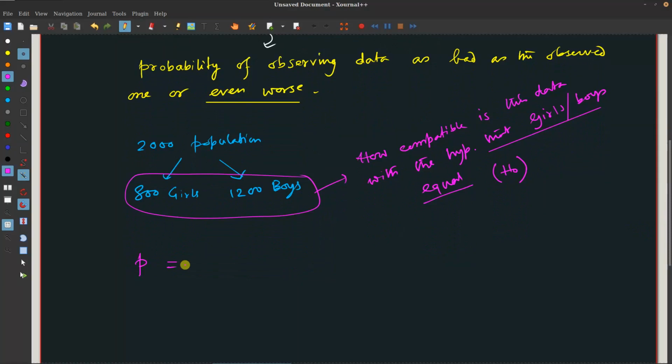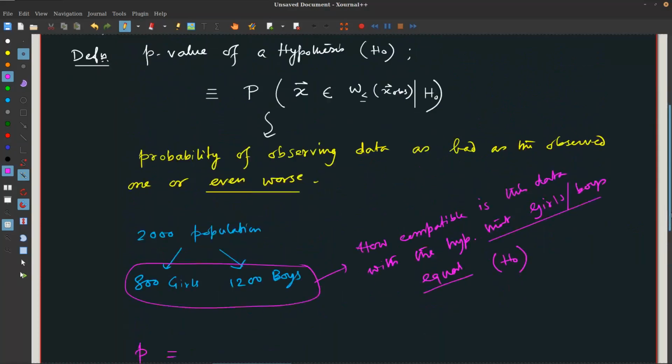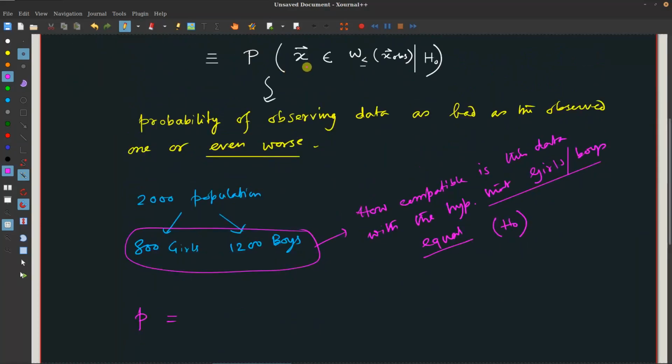So I basically calculate this p-value for this hypothesis. How is it defined? The p-value is defined as the probability of observing data as bad as the observed data. Why bad? Because I am looking for a possible set of data that has even worse compatibility with the hypothesis than the observed data. Let us figure out what is equally bad.